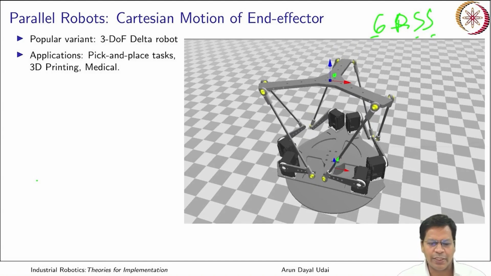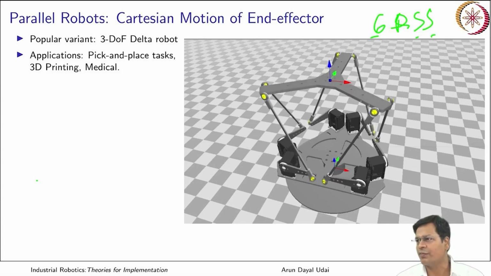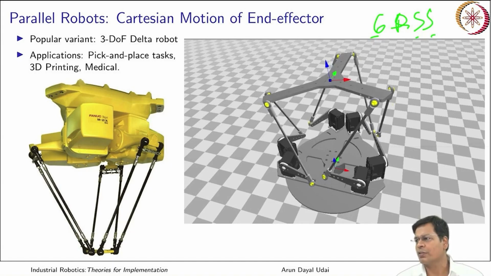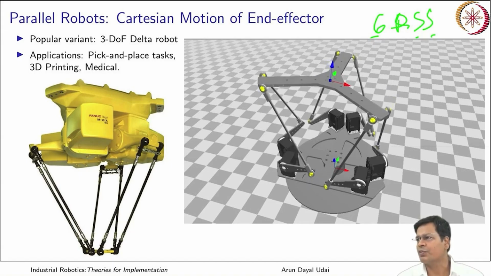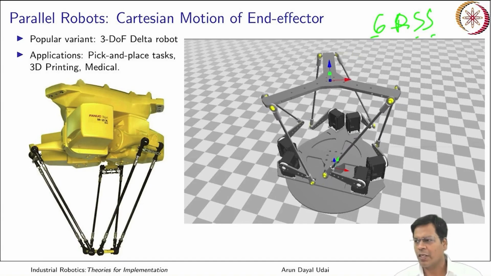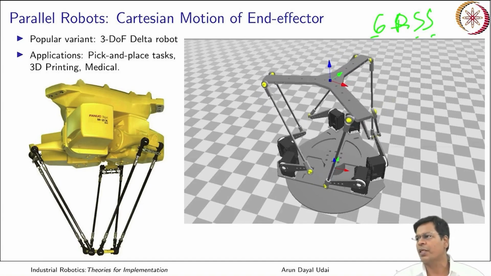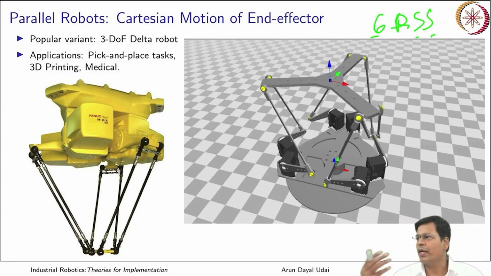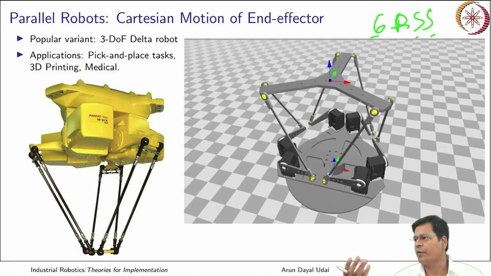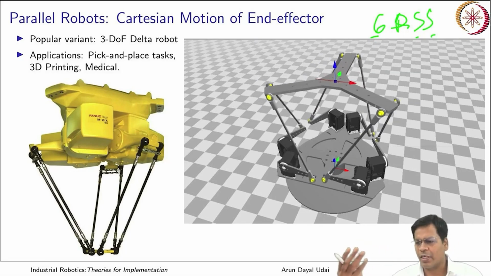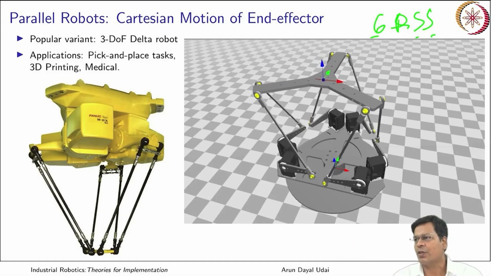The most popular variant in industry is the 3-DOF delta variant, that you have seen in the kinds of robots that we discussed in classification. This can do pick and place tasks also. The normal configuration in which it does pick and place is mounted inverted, and you can put your end effector at the tip platform, make it a gripper and do pick and place tasks.